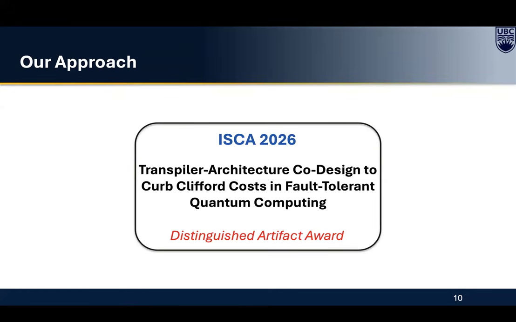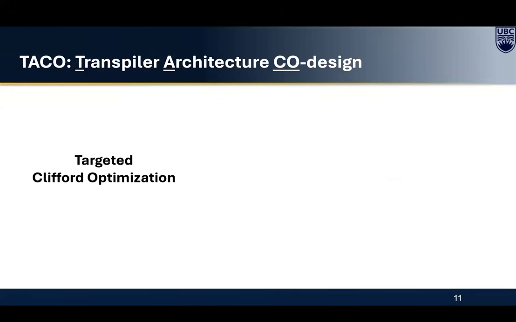The central piece of optimization in our approach is that we want to do a targeted Clifford optimization. It includes three main parts. The first part is to target the Clifford overhead that originates from rotation synthesis.